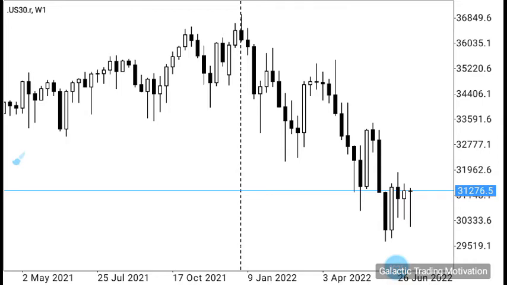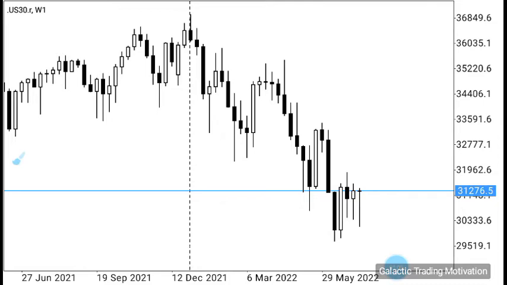Except when we have news releases and other fundamentals, that's when they diverge, and they converge again once the fundamentals are not as volatile. So anyway, let's get into the chart without wasting any further time.